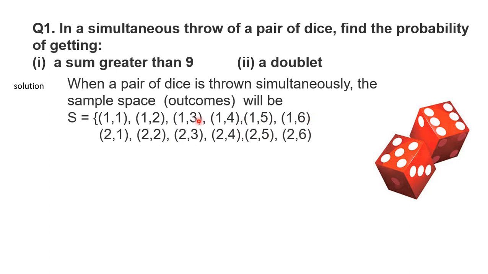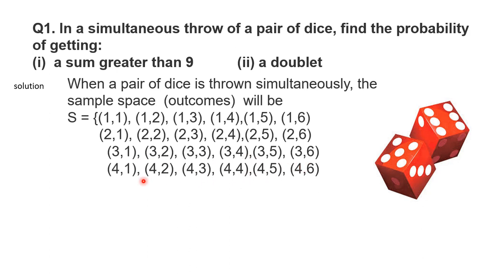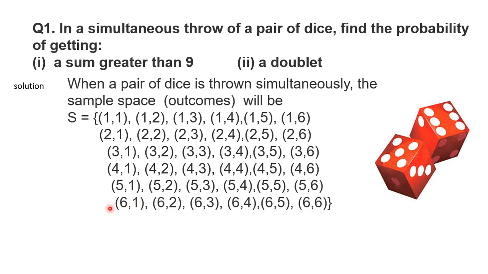Similarly, for the first die showing 2, the outcomes are 2 1, 2 2, 2 3, 2 4, 2 5, 2 6. In the same way we get 3 1 to 3 6, 4 1 to 4 6, 5 1 to 5 6, and 6 1 to 6 6.